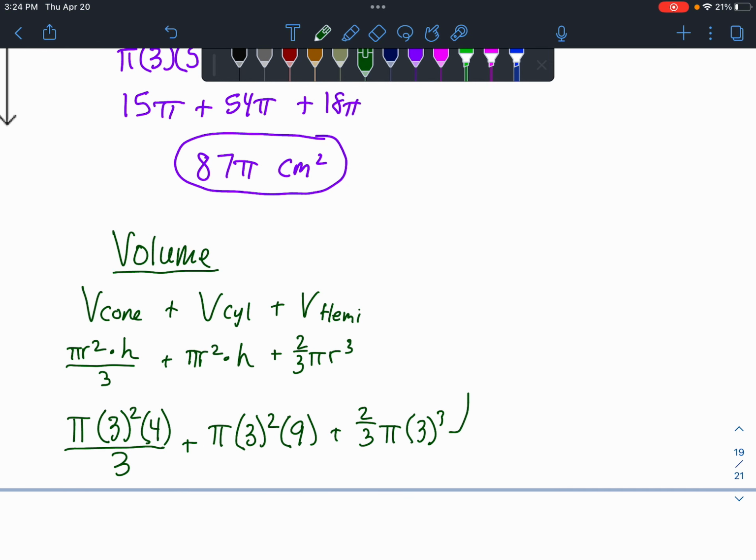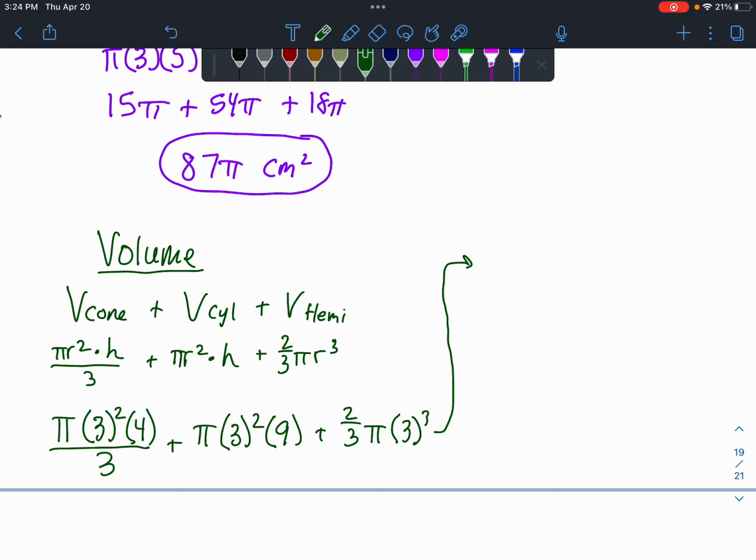I'm just going to rewrite this up here for you guys. Doing some math, 3 squared is 9. 9 times 4 is 36. 36 divided by 3 gives me 12 pi for the volume of the cone. 3 squared is 9. 9 times 9 is 81 pi for the volume of the cylinder. 3 cubed is 27. 27 times 2 is 54.